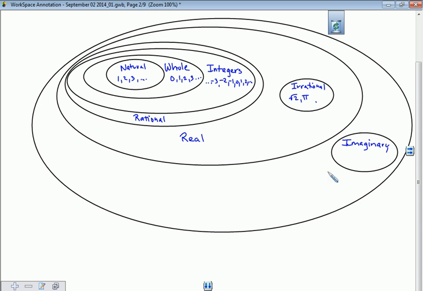They're not fake numbers or numbers that don't really exist. They do exist. They're just called imaginary. Imaginary numbers are based off the imaginary unit, which is i. We're going to talk about what i represents in just a second. This is our imaginary unit.